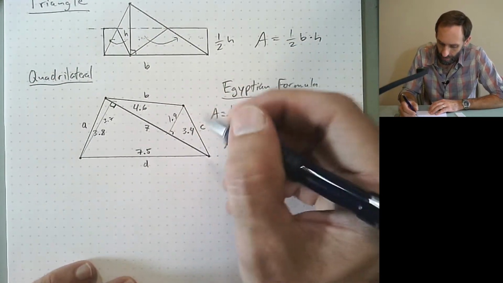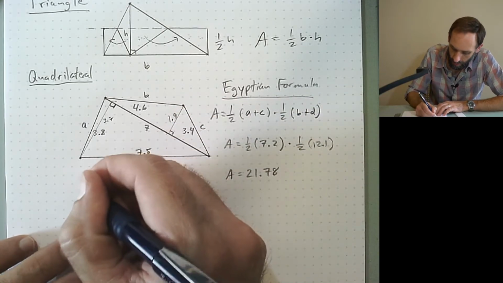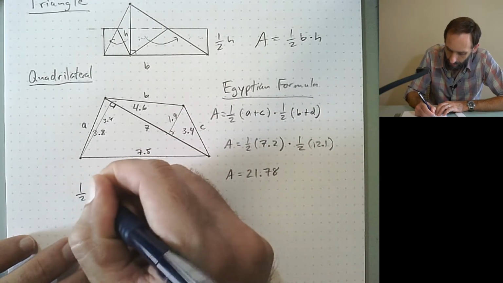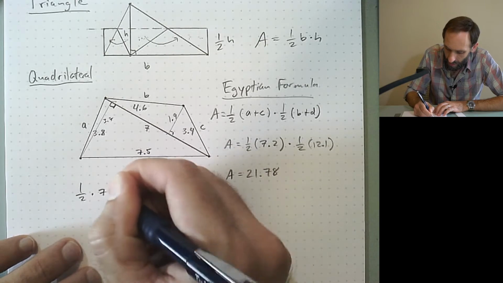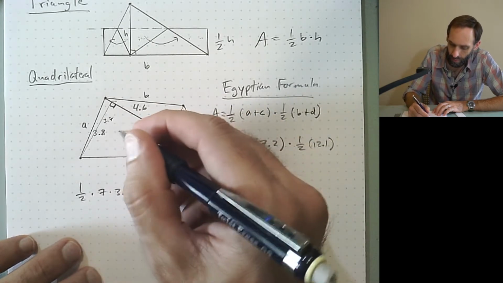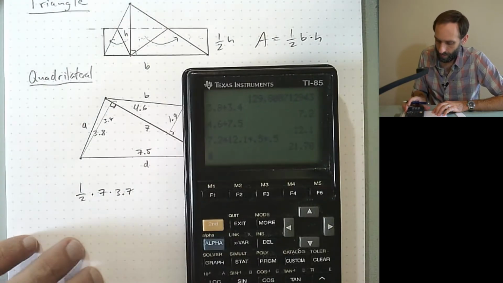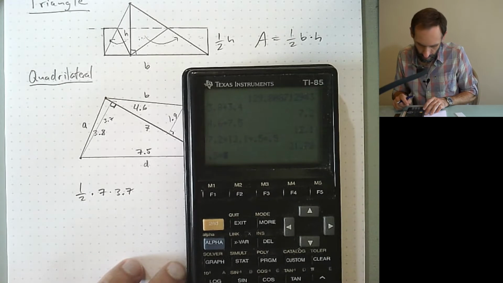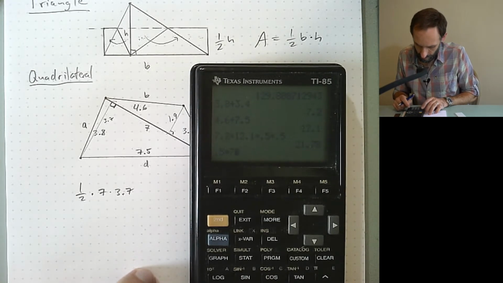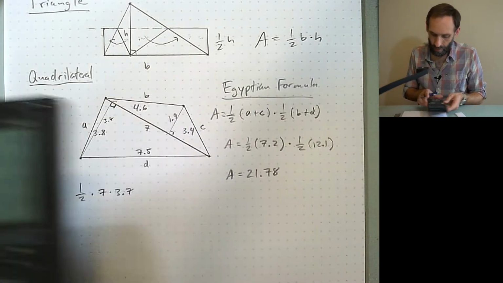Now we can use that information to find the area of these two triangles. So the first triangle is going to be 1/2 times the base, which is 7, times the height, which is 3.7. Okay, so that's this triangle right here. Let's plug that in our calculator. So 0.5 times 7 times 3.7, 12.95.